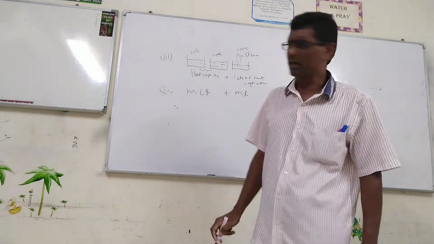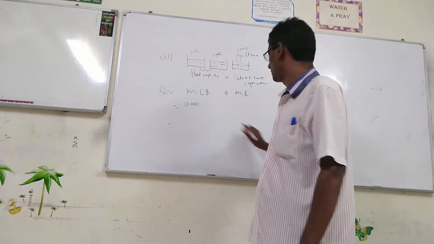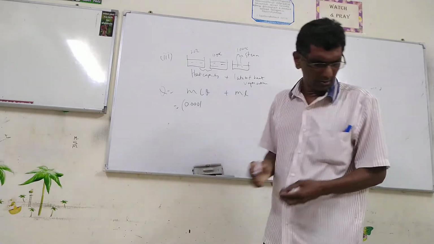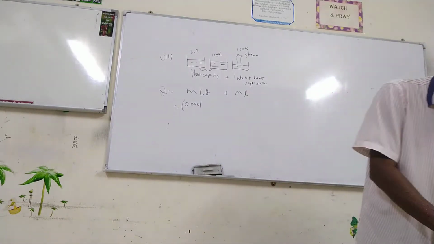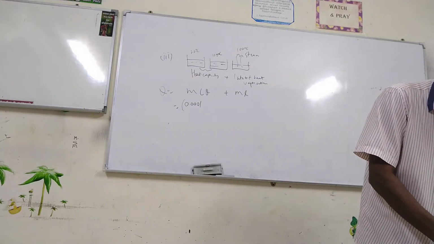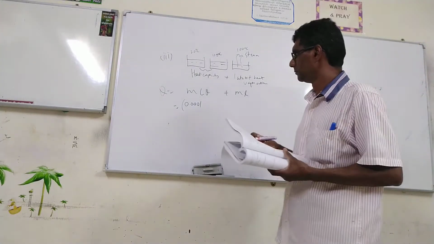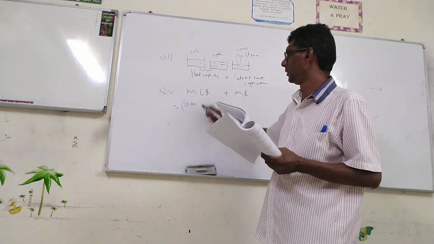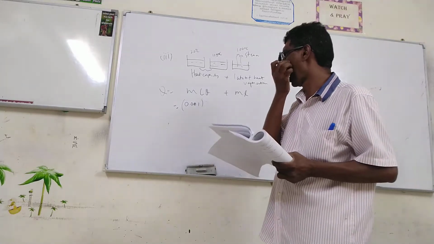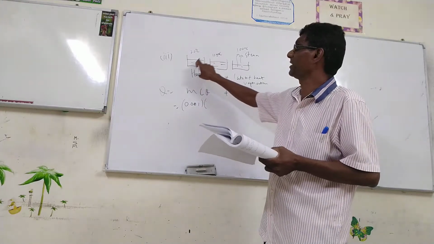So this is 1 gram, which is 0.001 kg. So m is 0.001.